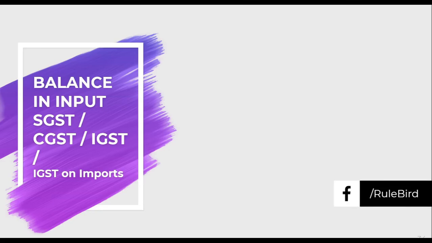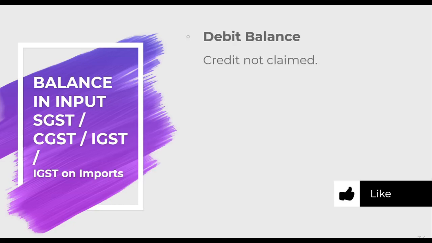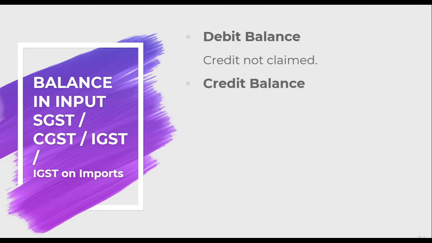So every time there will be some balance in your input account. If it is showing debit balance, then it means there is some credit at the month end or year end that you have still not claimed. If you are having any credit balance, then remember you have availed some extra credit that needs to be reversed.